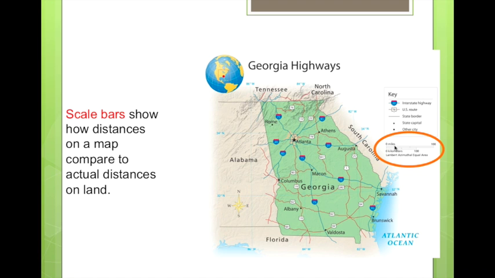This scale bar is going to allow you to take a ruler and measure the distance and how far it is on this map. So here you see that this distance right here is equal to 100 miles. Therefore, I could go on and look at North Carolina and measure how far North Carolina is to Macon, Georgia. And I could get an approximate or roundabout amount of miles between North Carolina and Macon.